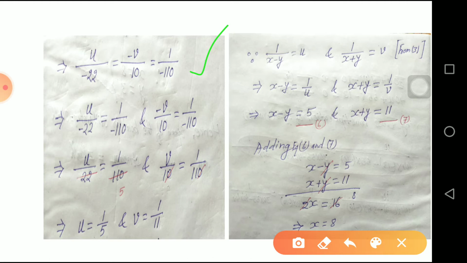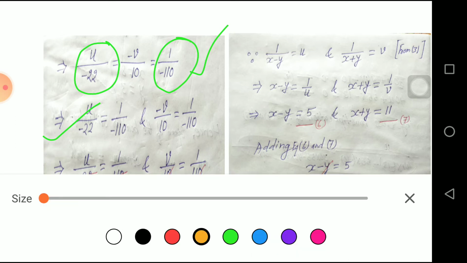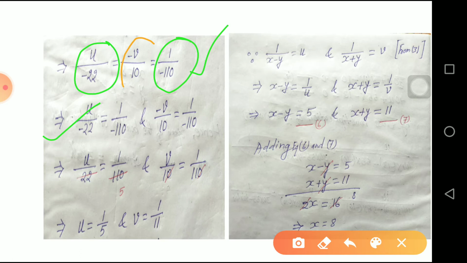So here u by minus 22 is equal to 1 by minus 110, and minus v by 10 is also equal to 1 by minus 110. So after solving, we will have u equal to 1 by 5 and v equal to 1 by 11.